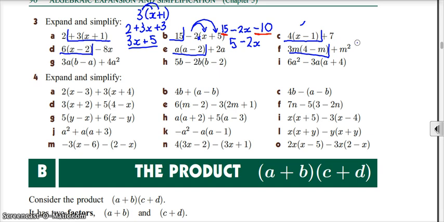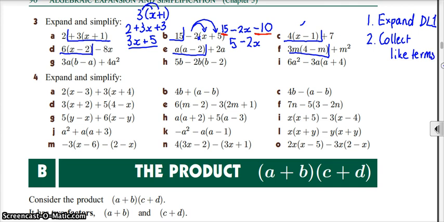Just don't worry about that at the start until you expand the brackets, and then you can collect like terms. So the first thing to do will be to expand brackets, or do the distributive law. And then collect like terms would be the second thing. Okay, guys? Is that alright?